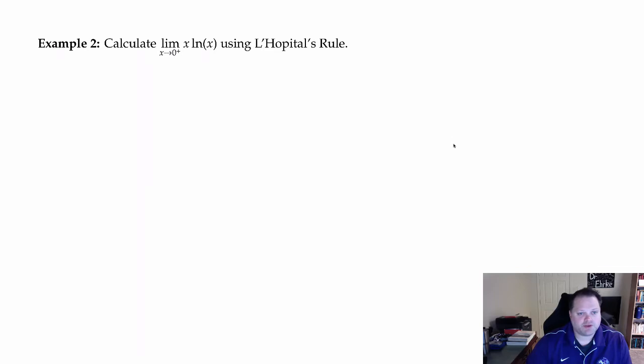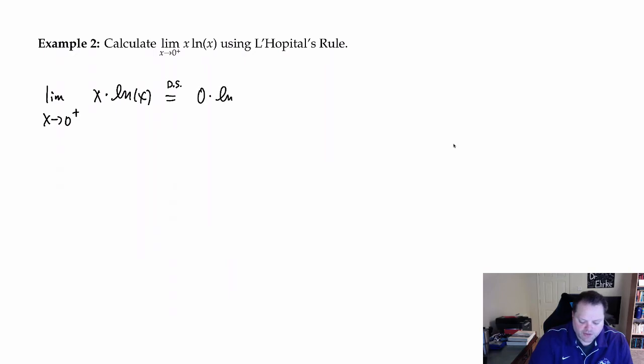I don't have to resort to a numerical calculation. All right, example 2. So I want to look at the limit as x goes to 0 from the right of x times natural log x. Now, here's the thing when looking at this problem. If I directly substitute in x equal to 0, natural log of 0 from the right, I get 0 times, remember the way that natural log function works.